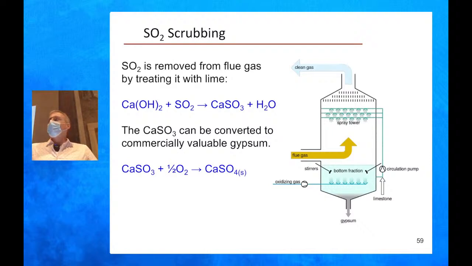A lot of other countries were able to drop their levels quickly, and by doing this, they employed a technology called scrubbing. What scrubbing does is, when you have a power plant, say, that burns coal, you have this flue gas, this exhaust coming out, and it contains the SO2.